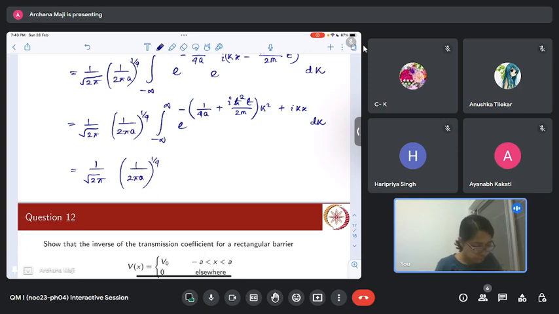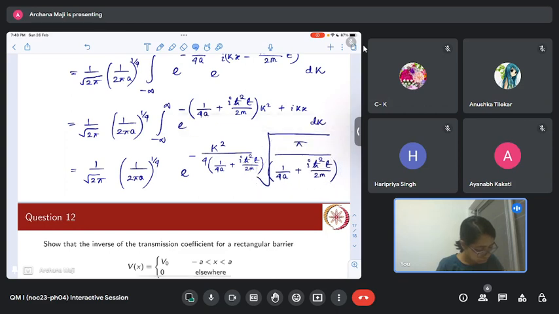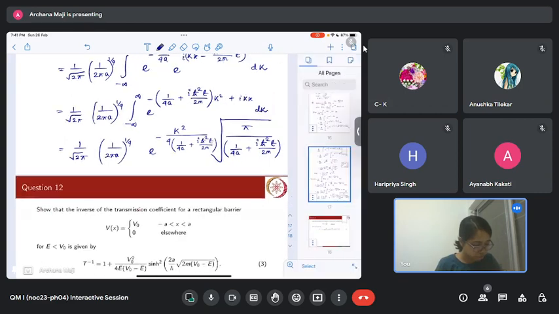Those are the constants we already have. Exponential minus k square over 4a. But what is a for us now? It's this thing. Okay. Times square root pi divided by a. Okay, that is the result for psi x comma t.